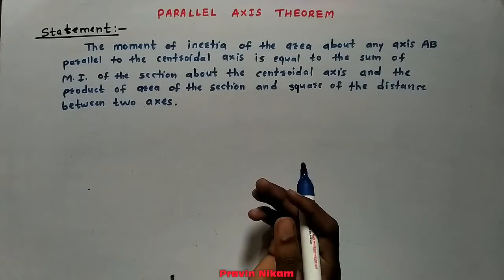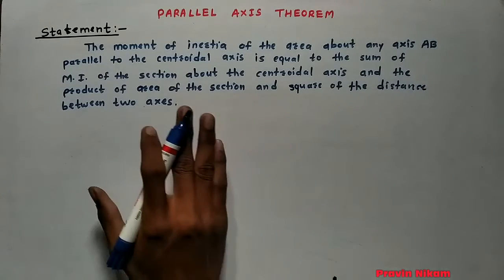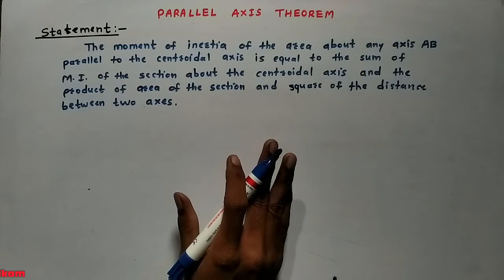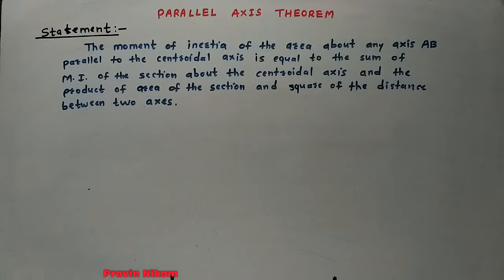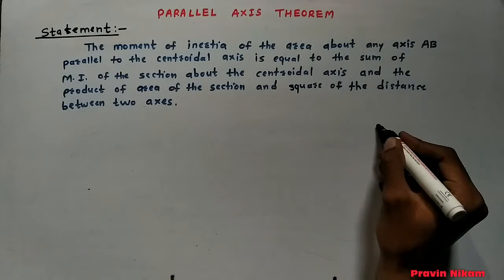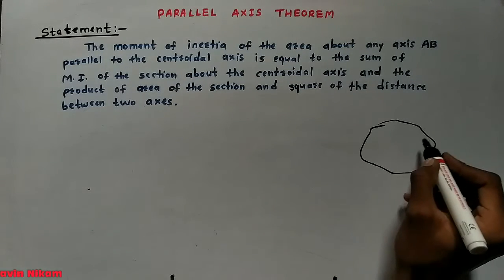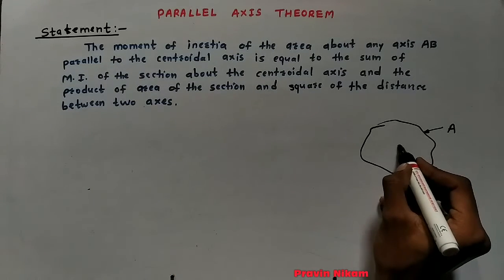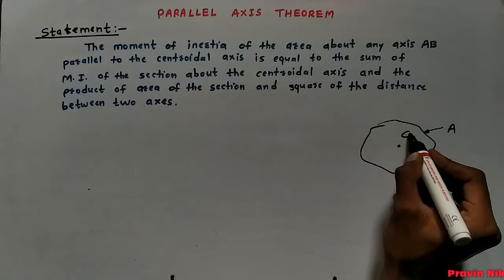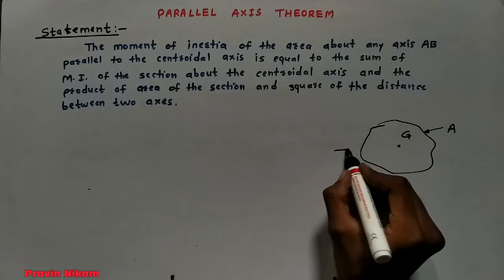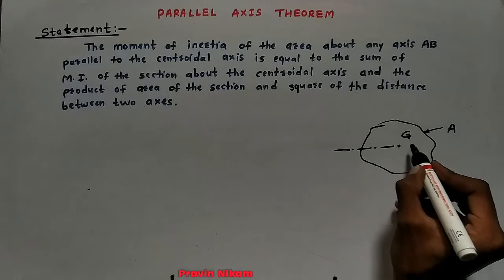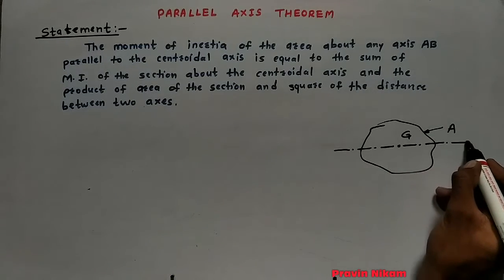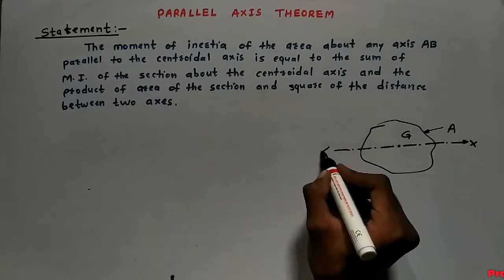Now let us convert this statement into a mathematical expression. Consider this arbitrary area A. This is the center of gravity of this section, so this is the centroidal axis XX.